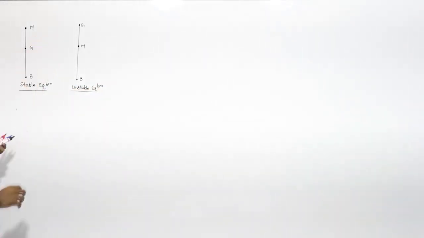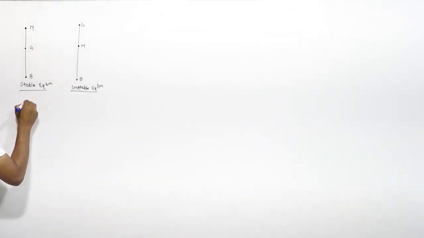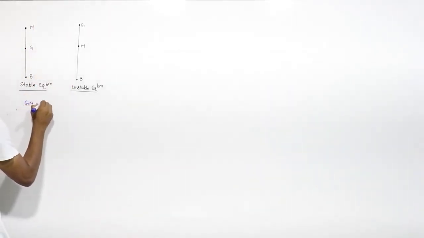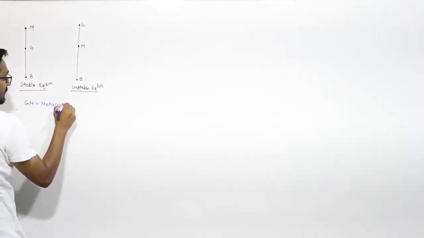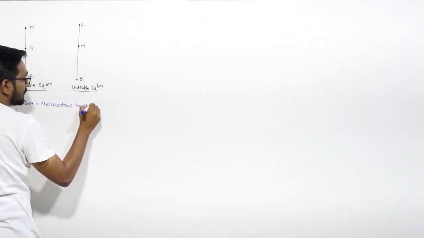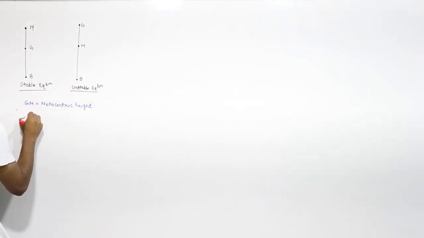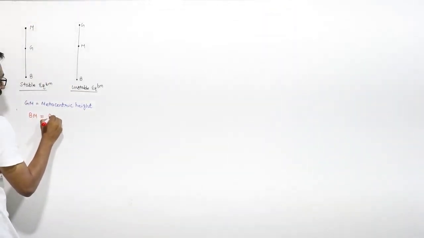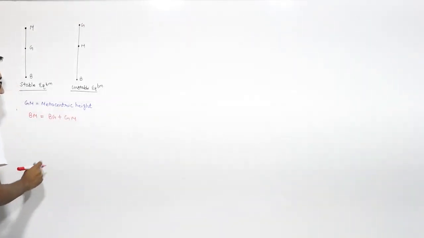From this we can say that this GM is known as metacentric height. From this figure you can write that the distance BM will be equal to BG plus GM.